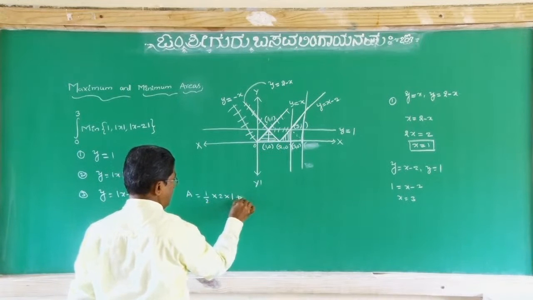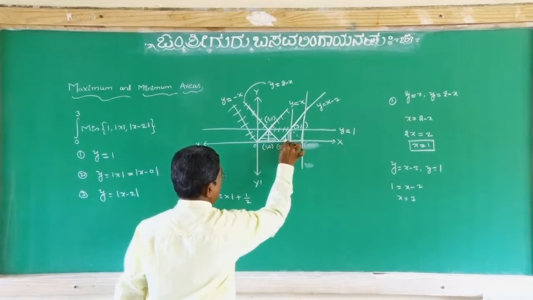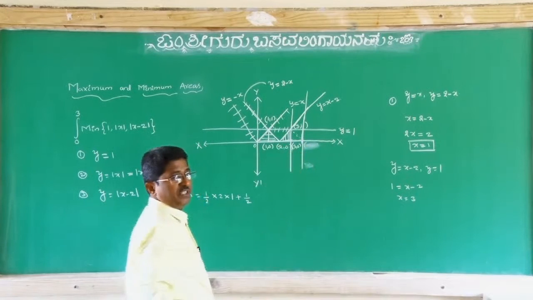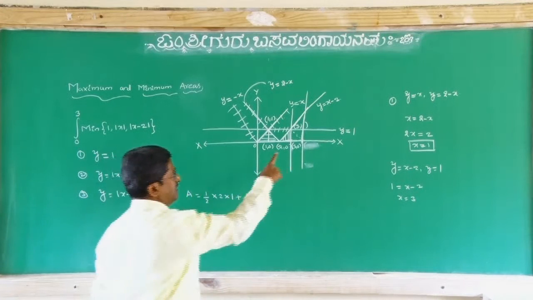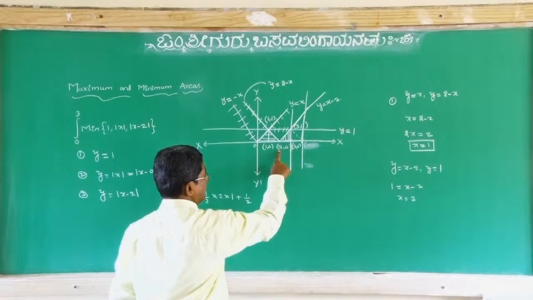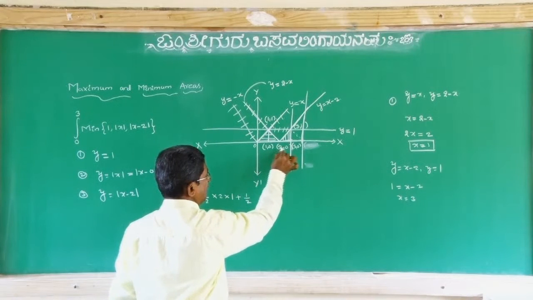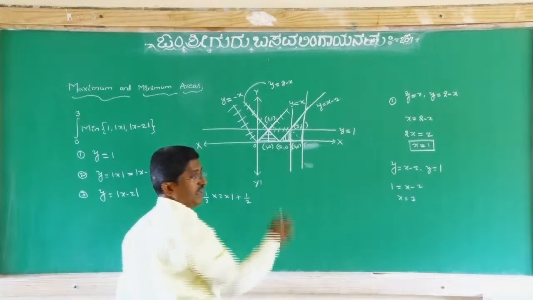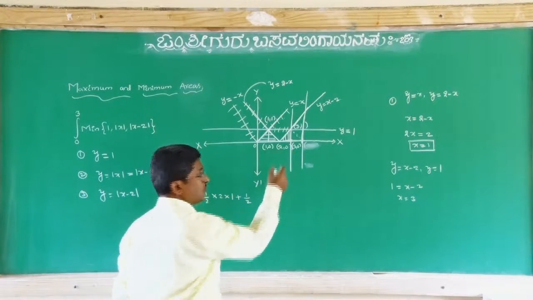That is the first triangle area, plus half into the distance from 2, 0 to 3, 0. What is the distance between them? 1 unit, because the distance between them is the root of (x1 minus x2) whole square plus (y1 minus y2) whole square, or we call the difference of the x coordinates.